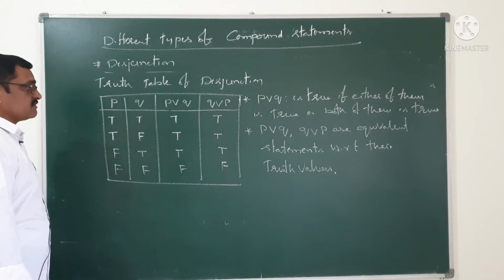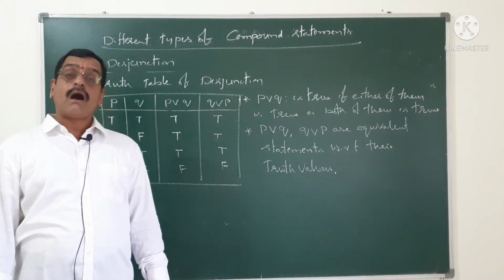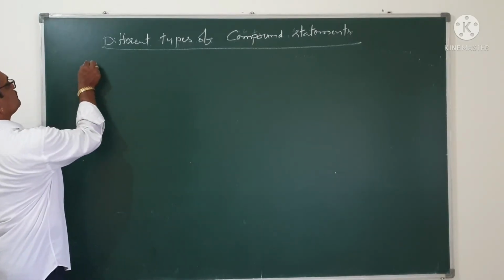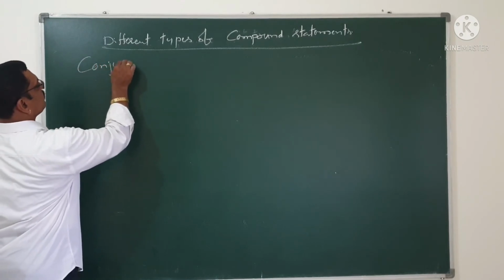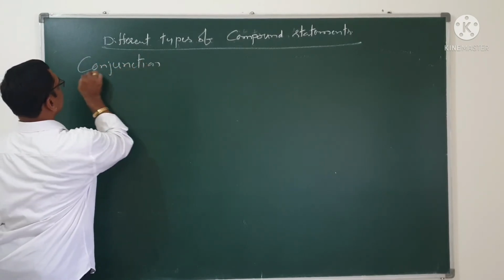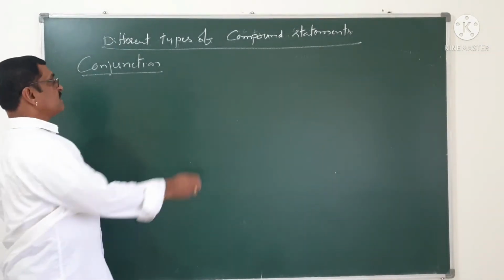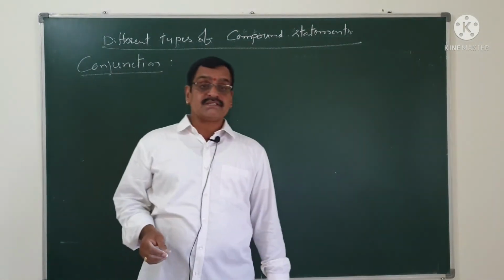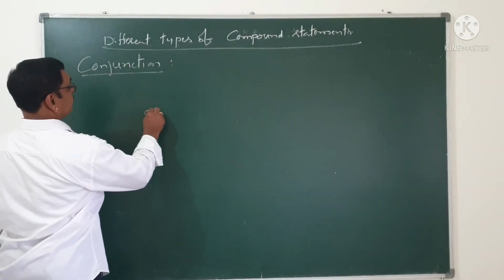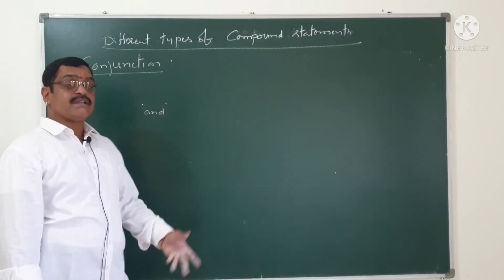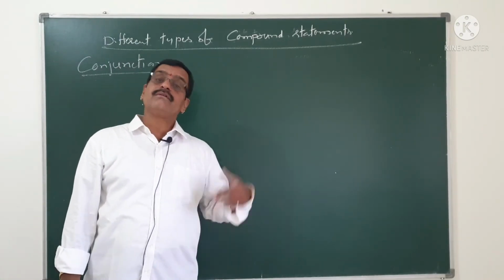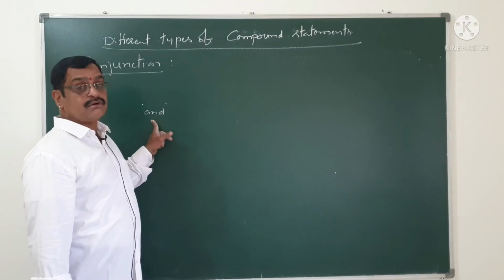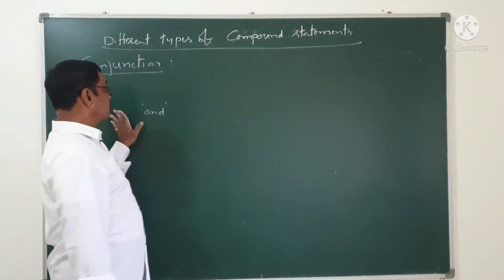So disjunction is a combination of two statements with the OR connective. Please note down. The next compound statement is conjunction. So what is conjunction? If you join two simple components with the connective AND, then the new statement is called the conjunction of the components. So conjunction means using the word AND connecting the statements. Alright.